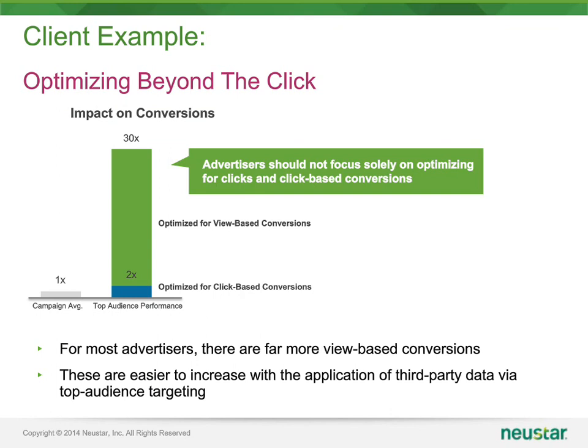This healthcare client data demonstrates how sales volume increases dramatically, 30 times the average when optimizing towards view-through conversion versus click-through conversion. We can now see the data differences among these audiences determine what the right answer is for individual brands. In the case of this client, there's a clear difference between audience attributes among clickers versus view-through audiences. So even digging deeper into the data about who's clicking and who's converting via view-through.